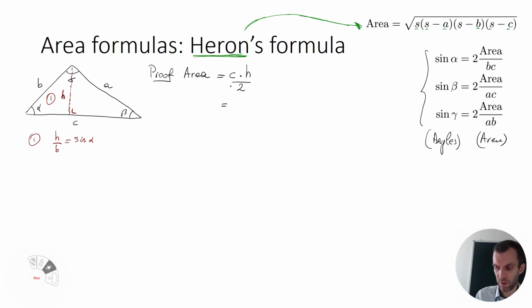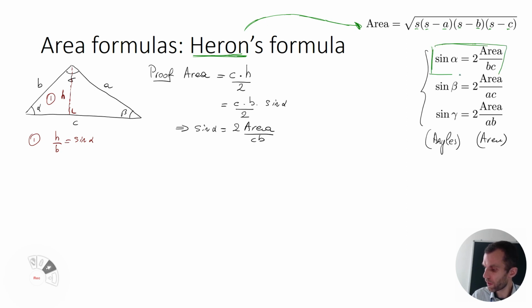And we can use that on the right hand side here to write this as c times b times sine alpha divided by 2. And now if you bring the c's and the b's and the 2 to the other side, you get already that sine alpha is 2 times the area divided by c times b, and that's one of our formulas here. That's this formula. And the others are very similar.